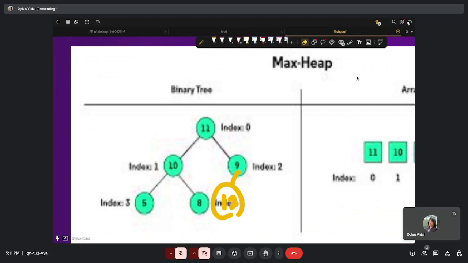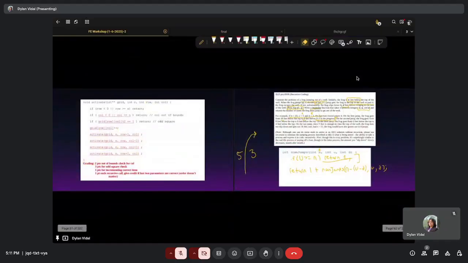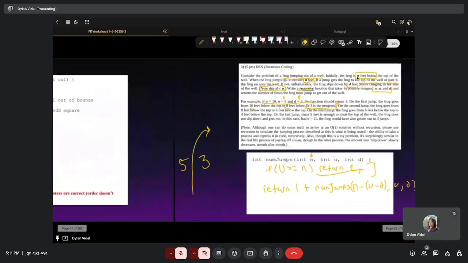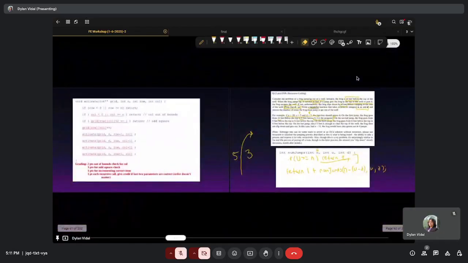So now this becomes 12, this becomes 9. I'm showing insertion right now. Oh, I clicked on a different slide. Where am I? I'm lost.